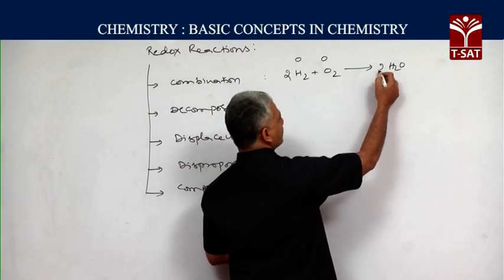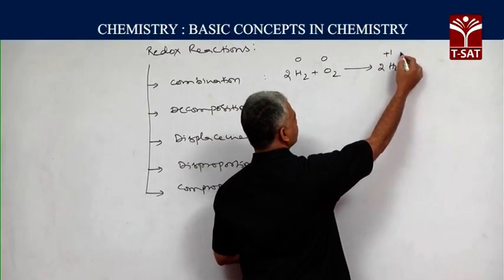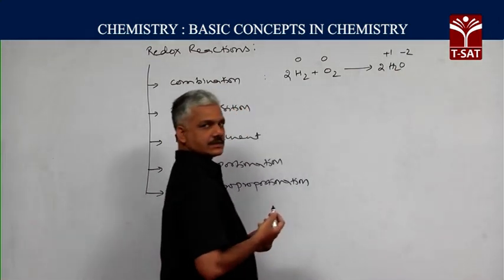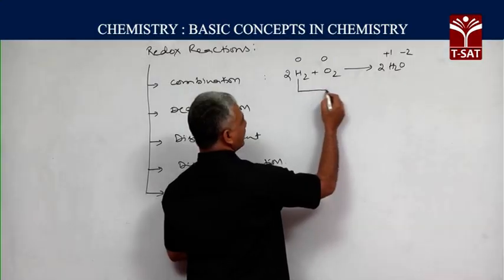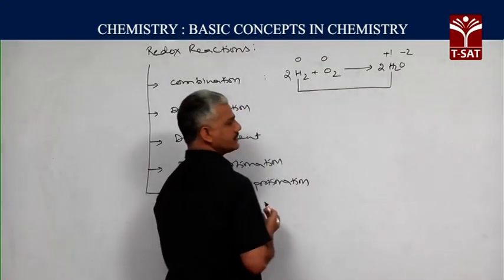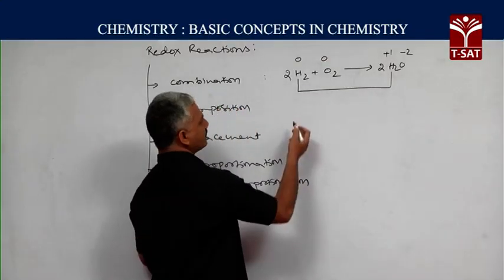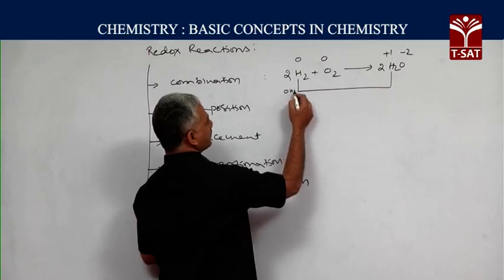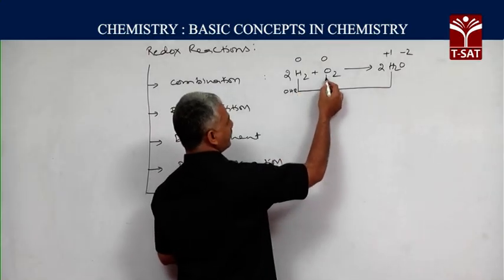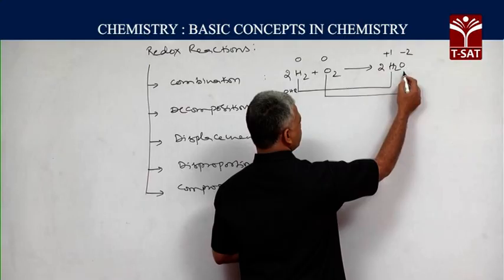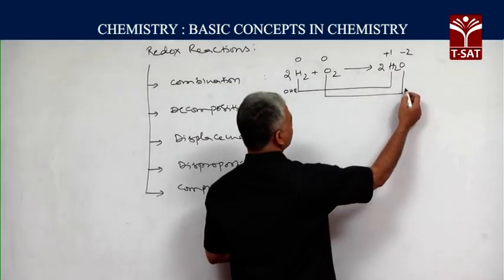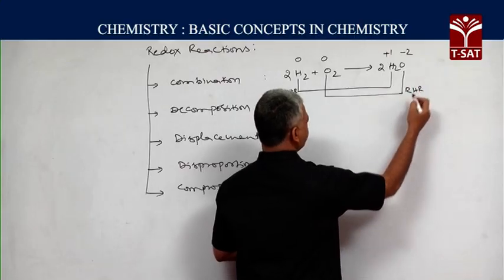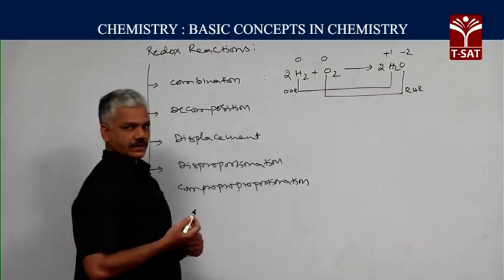On the product side, hydrogen oxidation state is +1, oxygen oxidation state is -2. So, in this reaction for hydrogen there is increase in oxidation state. So, it is OHR, oxidation half reaction. For oxygen there is a decrease in oxidation state. So, it is RHR, reduction half reaction.